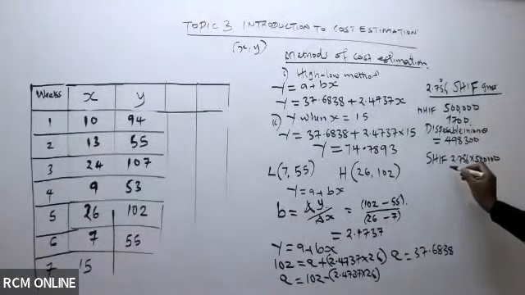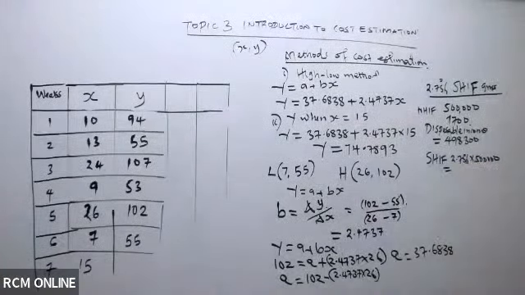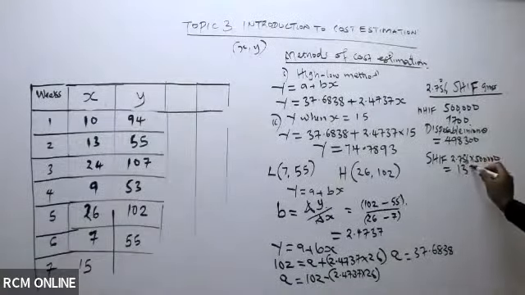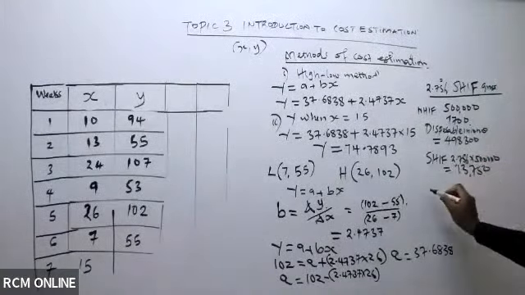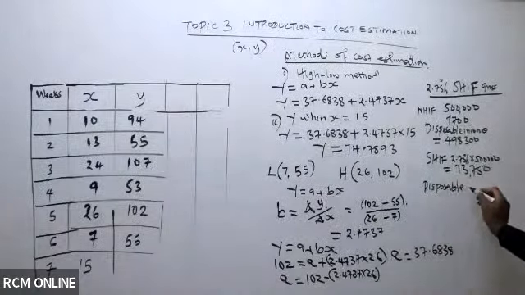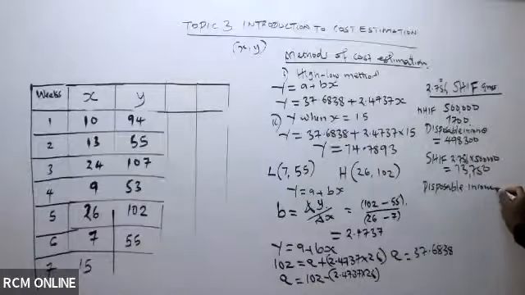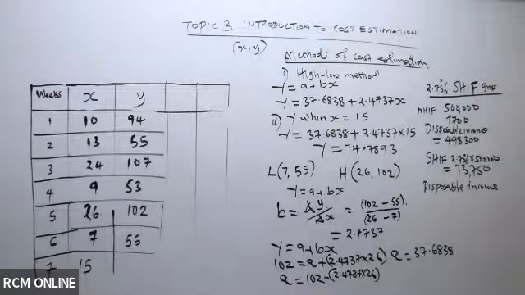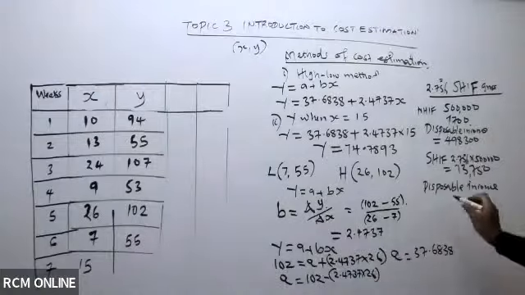What will we have? How much will be deducted? 13,750. Disposable income, assuming that it is the only deduction. Disposable income, 486,250.